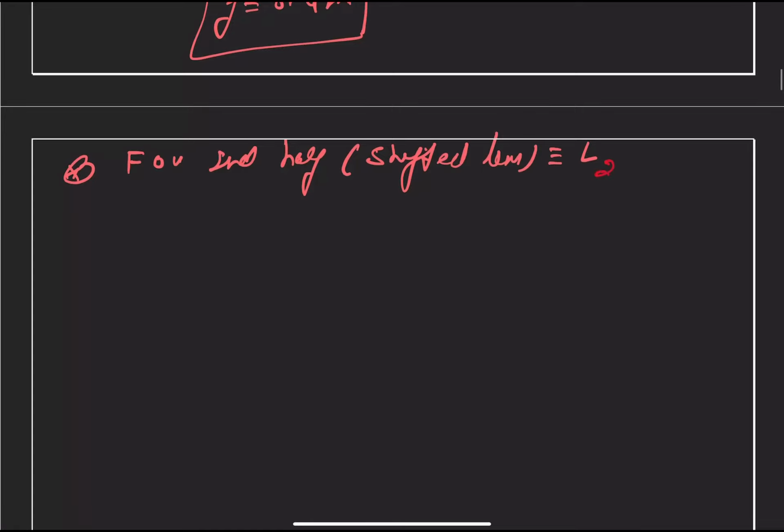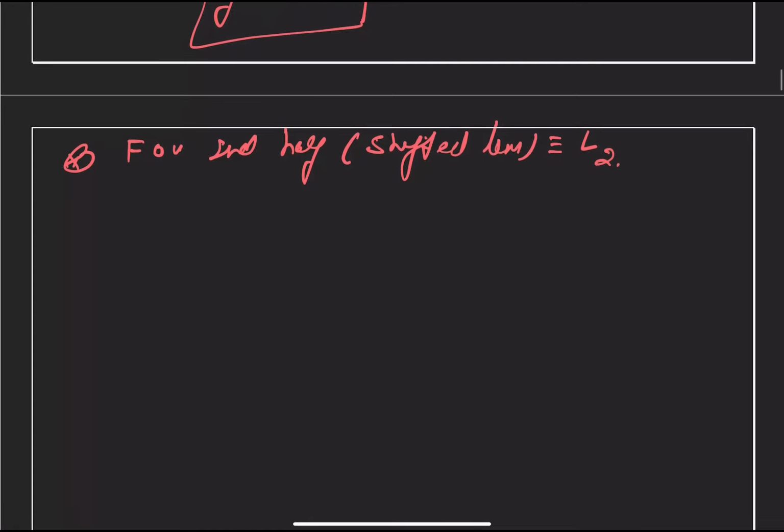Shifted one is our L2. Okay, so therefore the object distance will be equal to, that is our U2, and that will equal to minus 0.6 plus D.